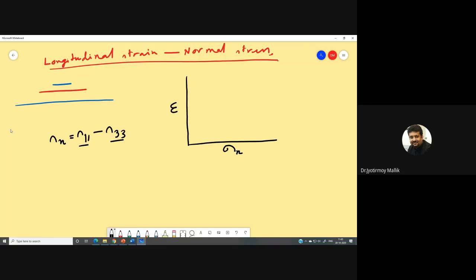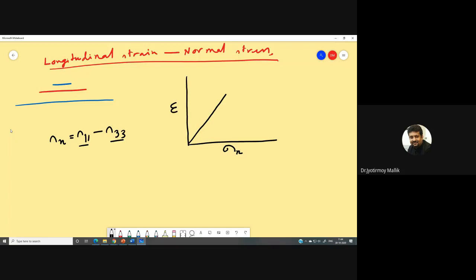So what I will observe is that up to a certain limit, if I keep increasing my differential stress, I will see an increase in my longitudinal strain as well.